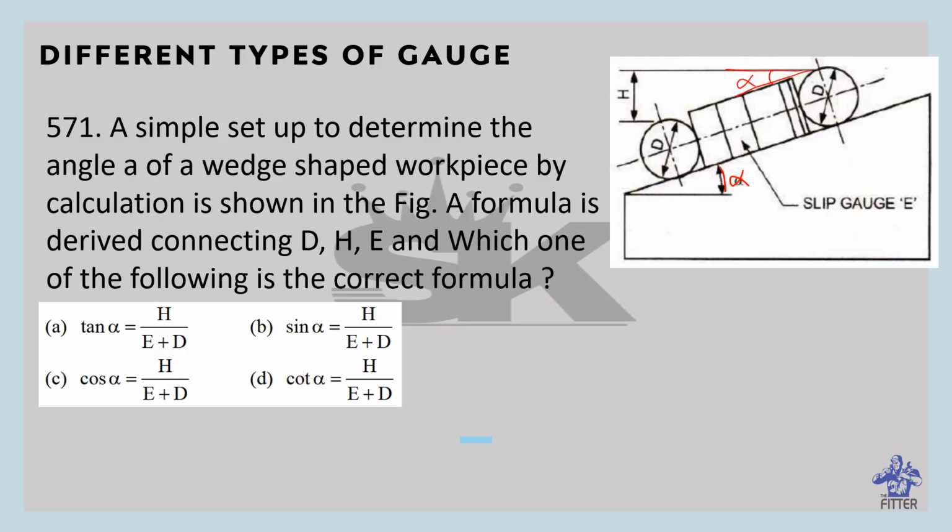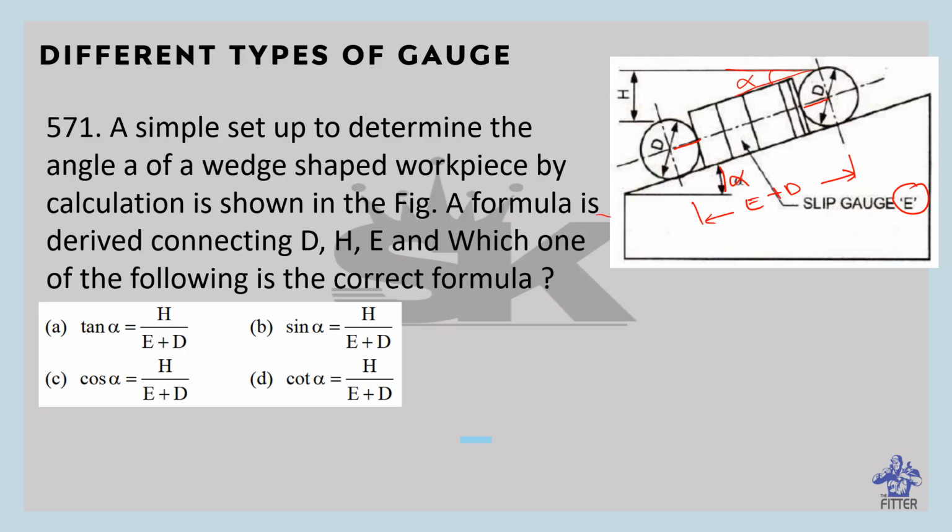The slip gauge length is E here. Considering the half portion, the total length from here to here is E plus D, since there are two rollers, so that is D plus E. From the trigonometric equation, sine theta equals perpendicular upon hypotenuse.